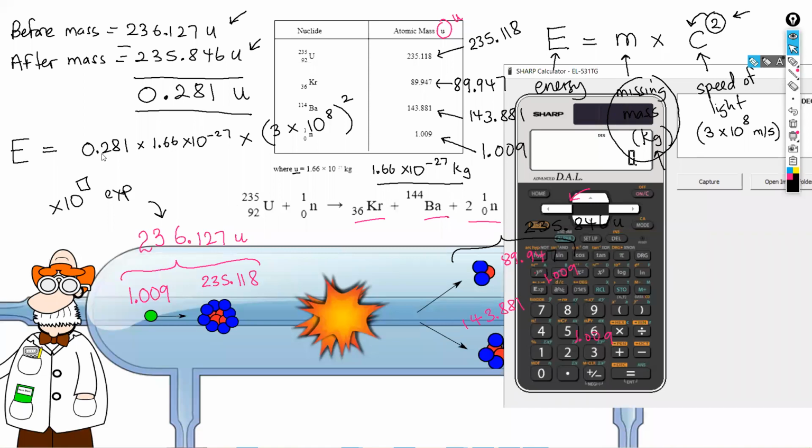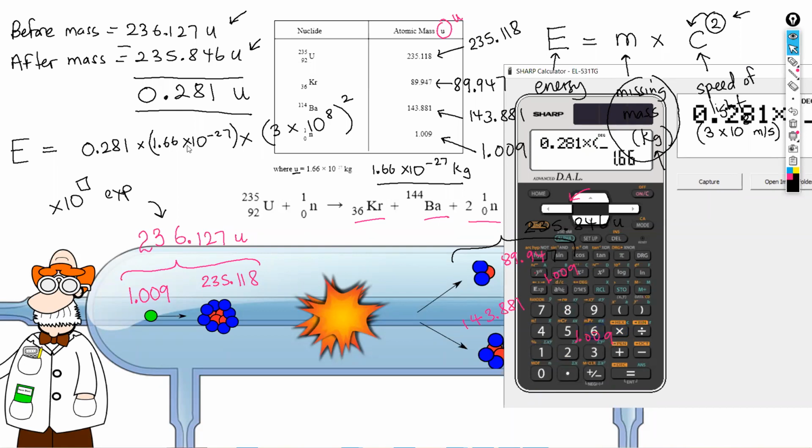I have 0.281, so I'm typing in 0.281 multiply by, what am I multiplying it by? 1.66. I should probably put this in brackets so my calculator doesn't mistake it with anything. Open brackets, 1.66.